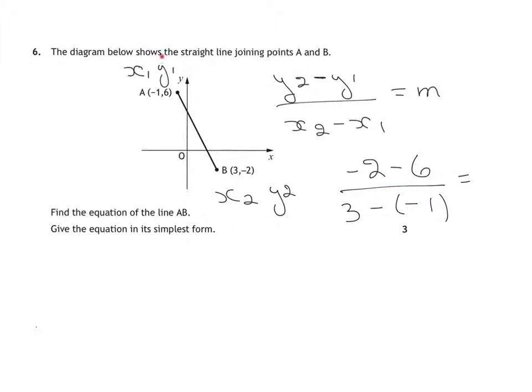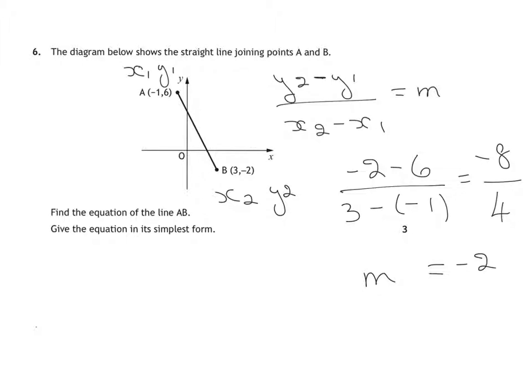Now just looking at this line, you can tell that the gradient's going to be negative. So make sure you get a negative gradient. So negative 2 take away 6 is negative 8. 3 minus minus 1, that becomes a positive. So you get 4. So we have negative 8 over 4, which is going to simplify to negative 2. So our m is minus 2.